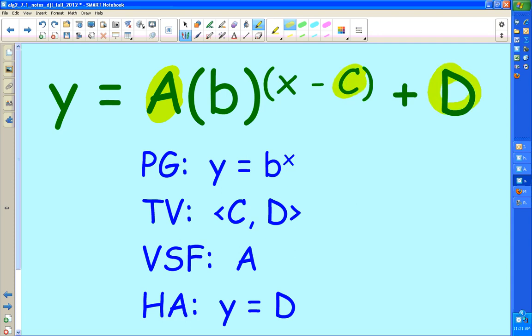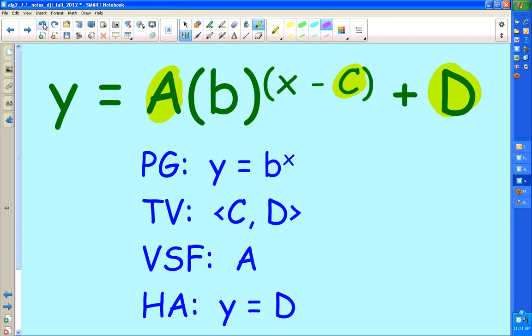If we did have a capital B, it would go in front of this parentheses in the power position. But I don't want to confuse you with that. It's going to come, it's just not coming today. Okay? This lowercase b is your base for your function. So whatever that base is to the power of x, that's your parent graph.